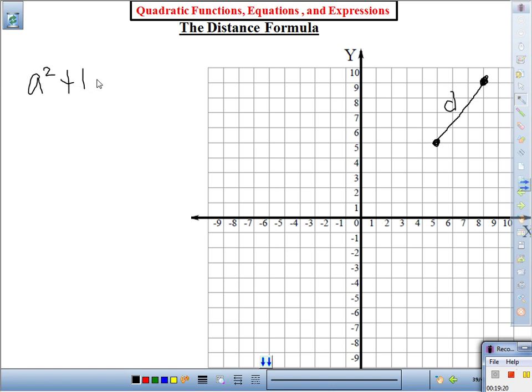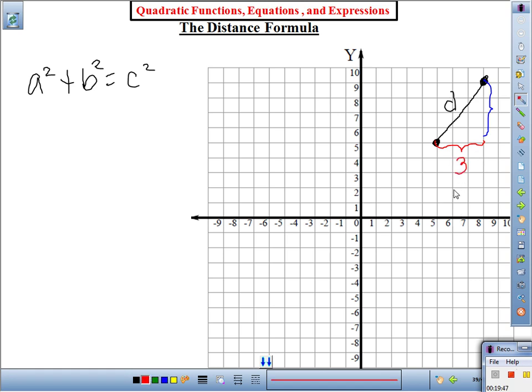A squared plus B squared equals C squared. Does everybody see? So what does that mean, Mr. Q? That I still need to find this distance? Yes. And do I need to find that distance? Yes, because we need A and B. So, what is this distance, everyone?